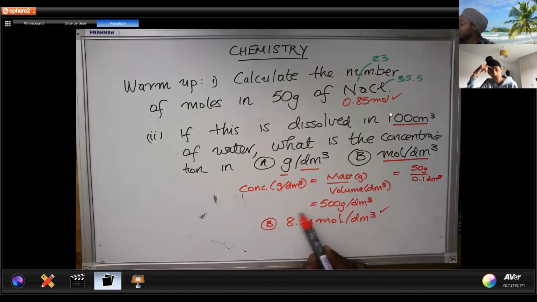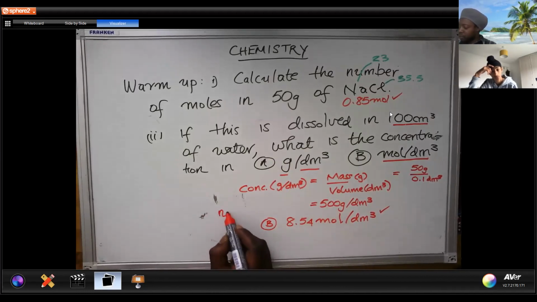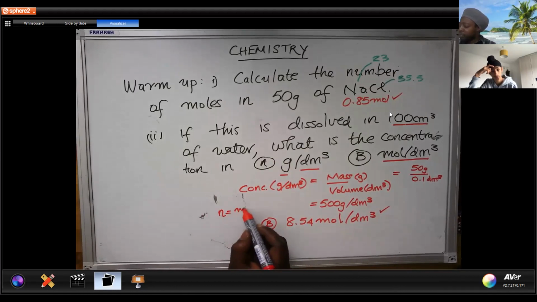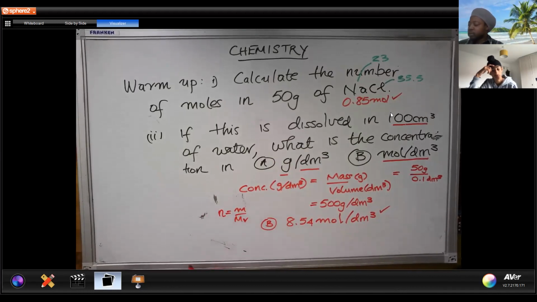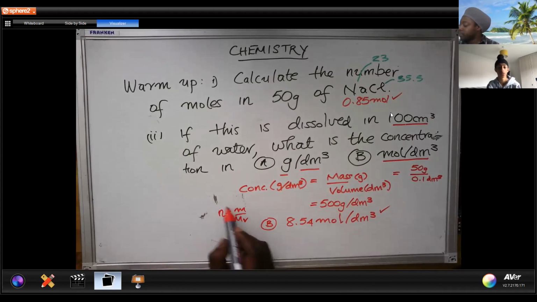You might be asked to give this in grams per decimeter cubed. Then you'd use the formula n equals mass over molar mass, so you simply multiply the number of moles by your molar or relative formula mass to get the mass, and then convert it into grams per decimeter cubed. So far, so good? Yeah.